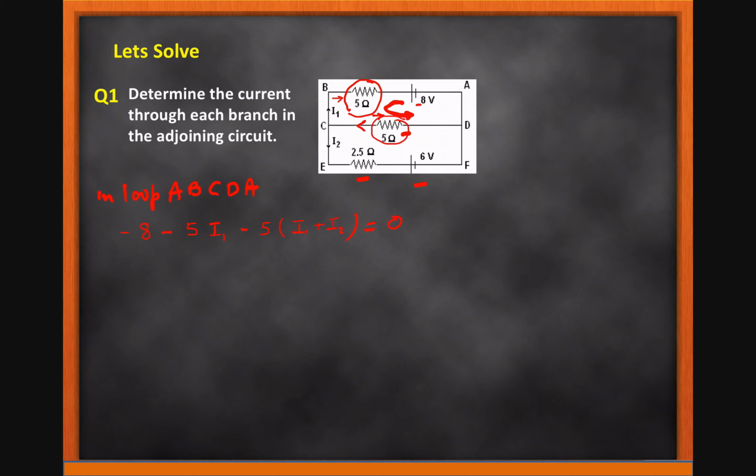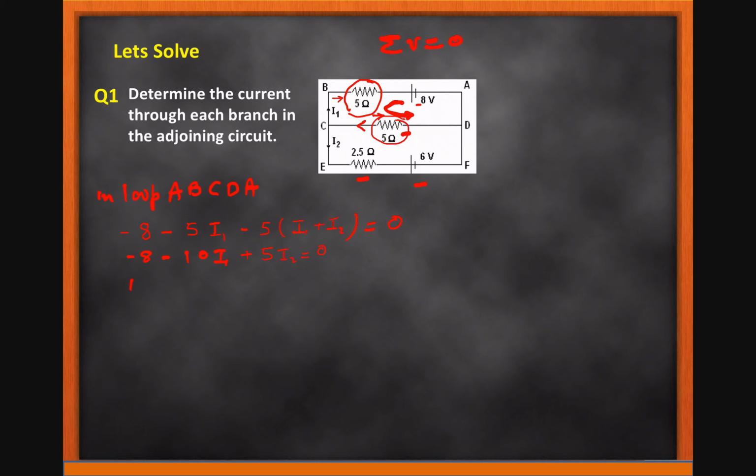This is Kirchhoff's second law: the sum of potential differences in a closed loop is equal to 0, meaning summation V is equal to 0. So if we solve it, it is minus 8 minus 5 and 5, 10 I1, minus 5 I2 is equal to 0.